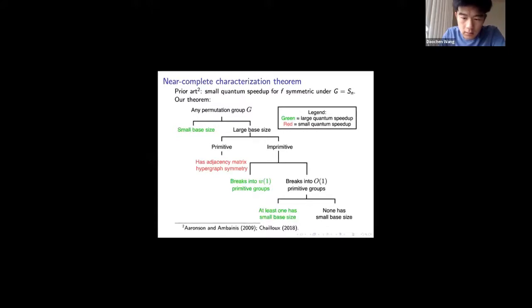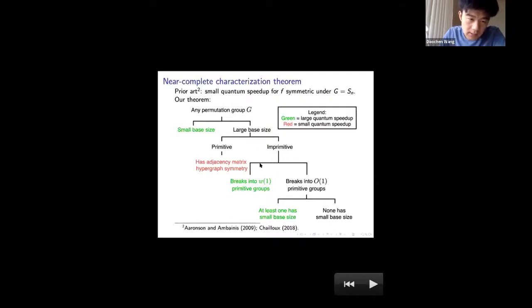Here, green means there can be a large quantum speedup, and red means there can only be a small quantum speedup. So let's start at the top. You give me any permutation group G. If it has small base size, then it's green. Otherwise, if it has large base size and is primitive, then we find that it must contain adjacency matrix hypergraph symmetries, in which case it is red.